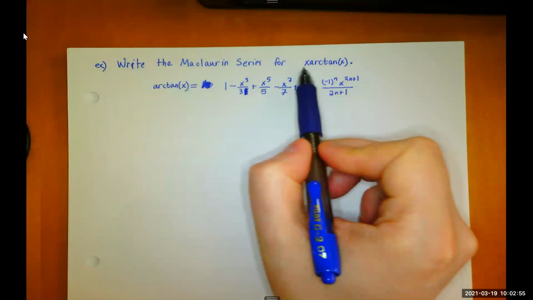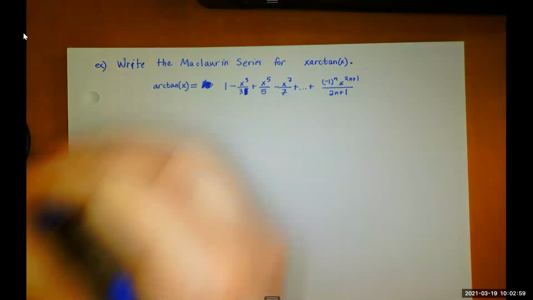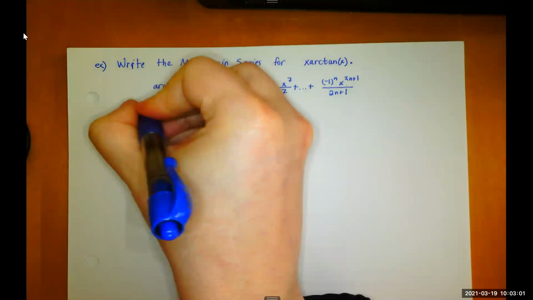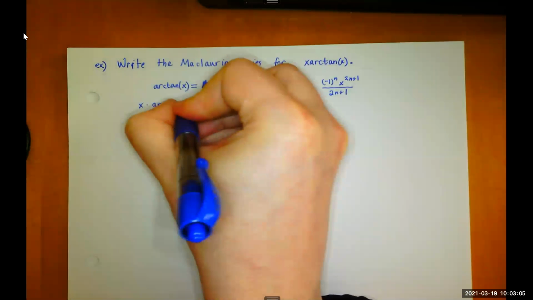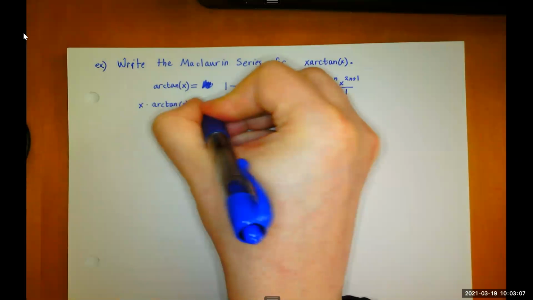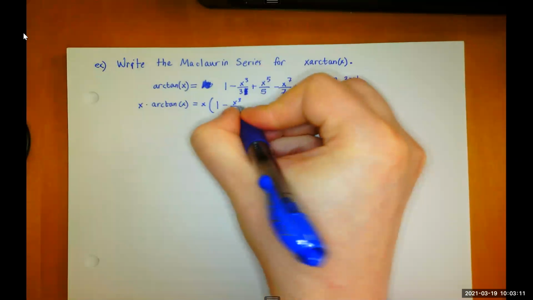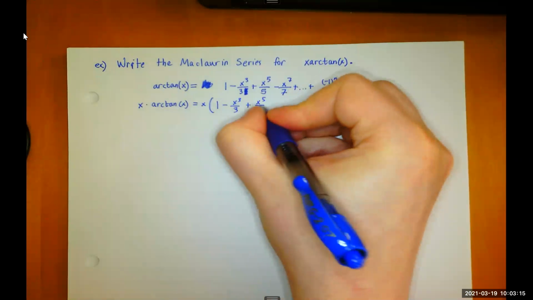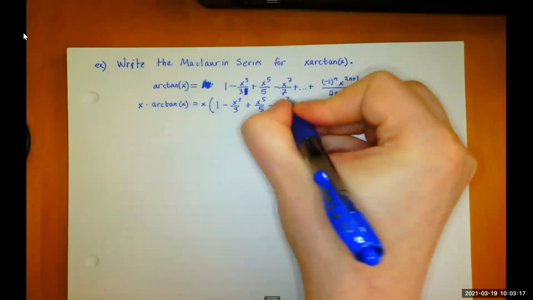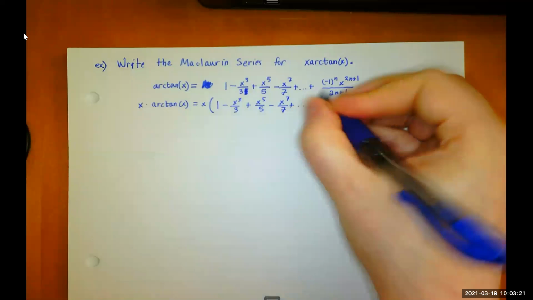We're multiplying arctangent of x. So what I can think about doing literally is multiplying arctangent of x by x, which in the case of the Maclaurin series means I have all of these terms multiplied by x.